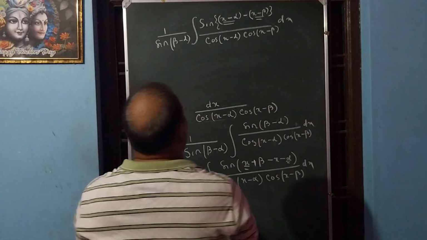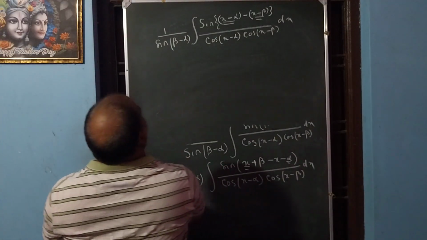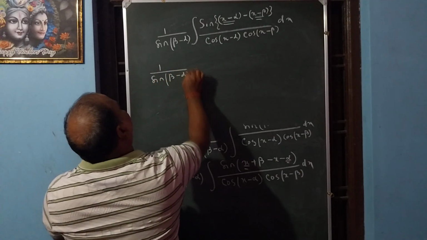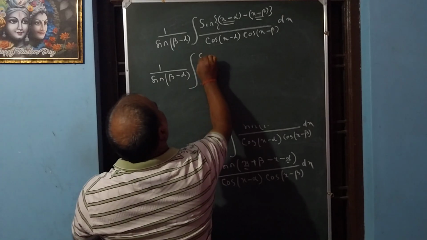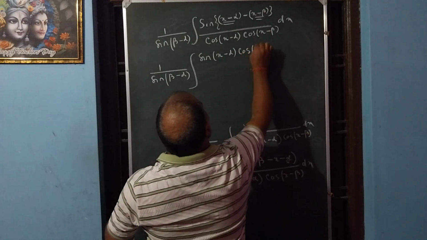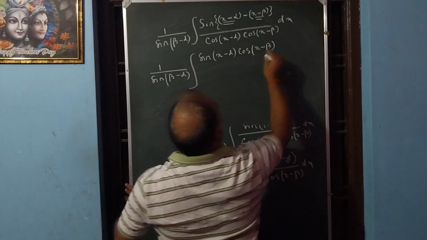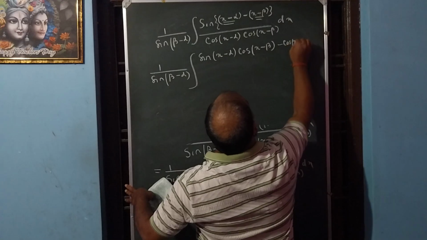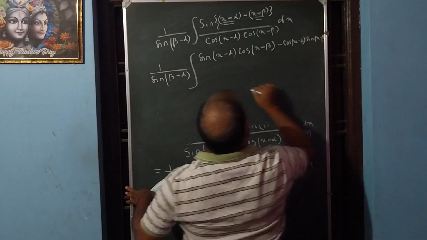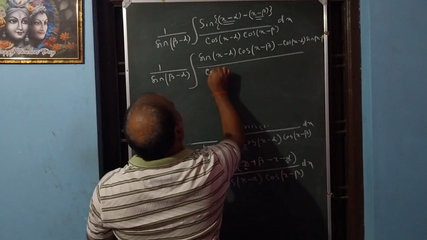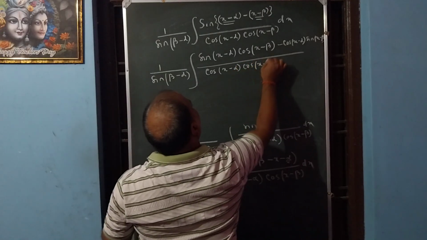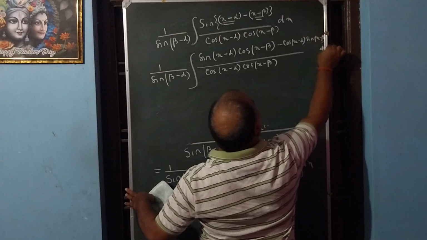Applying that formula we get 1 by sin beta minus alpha, integration of sin x minus alpha into cos x minus beta, then minus cos x minus alpha into sin x minus beta. Okay, divided by cos x minus alpha into cos x minus beta into dx.